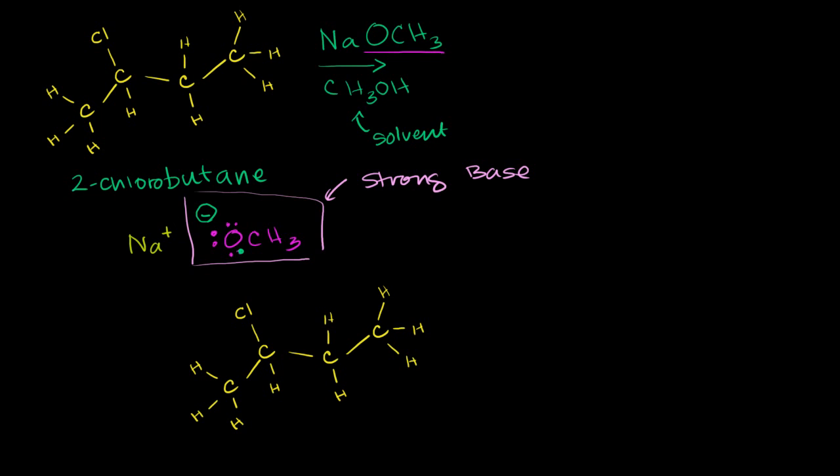So let's say that it gives this electron to this hydrogen right over here. Now, this hydrogen already had an electron. If it's getting an electron from the methoxide base, then it can give away its electron to the rest of the molecule.